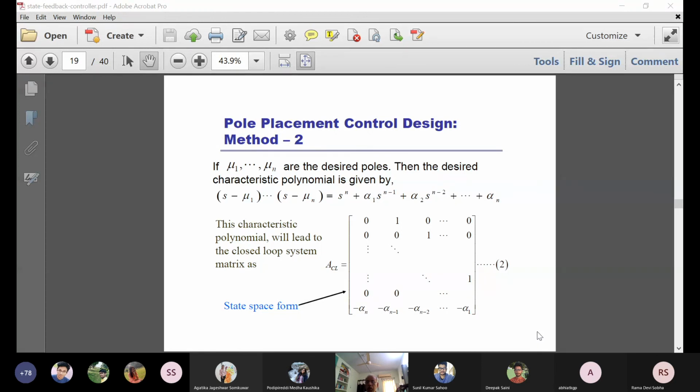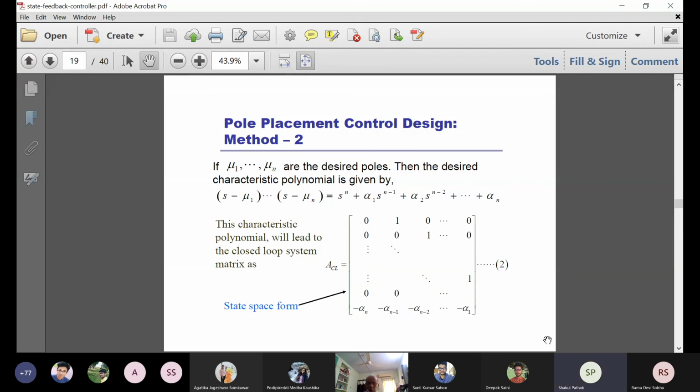Sir, why is the control effort high if the poles are far for the closed loop system? For the closed loop system, if the poles are put on the left hand side, far away from the origin, the system will immediately go to the steady state.